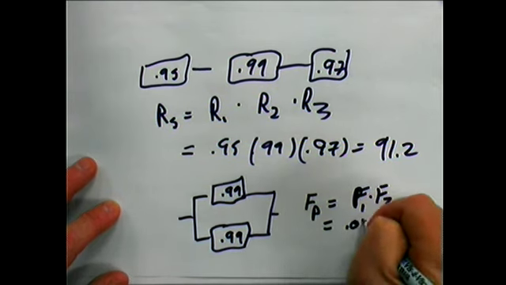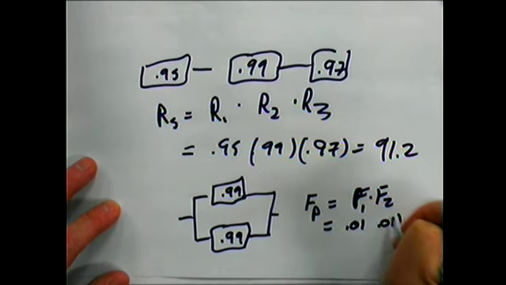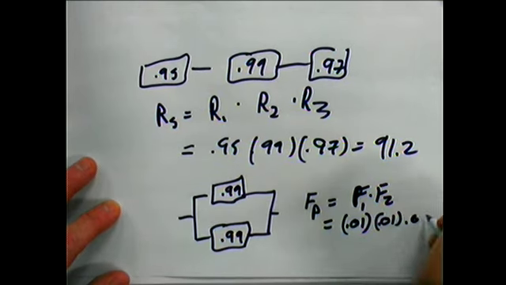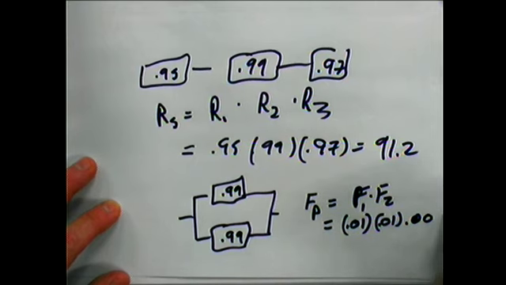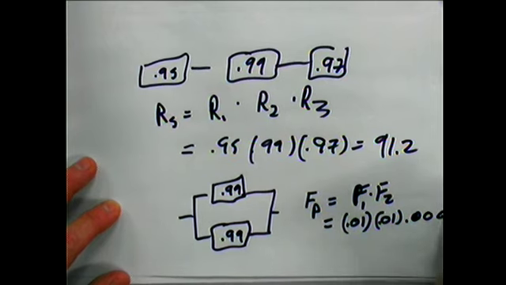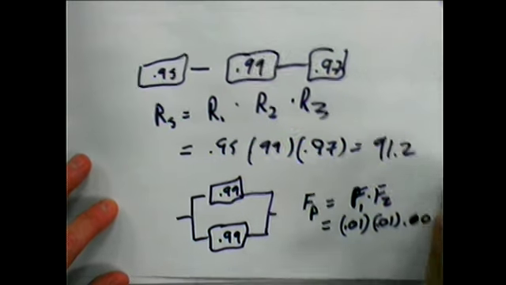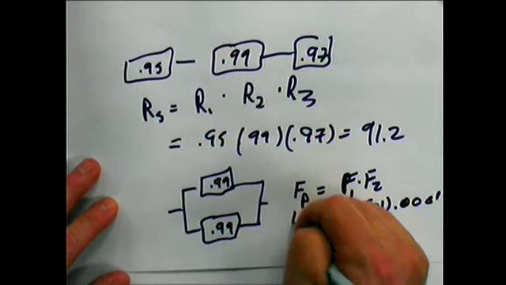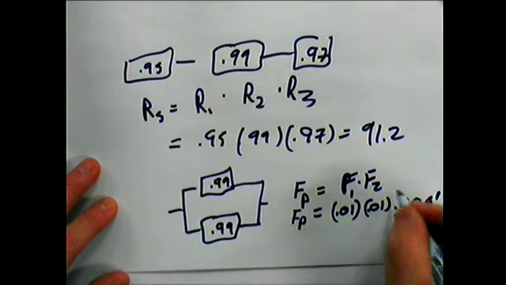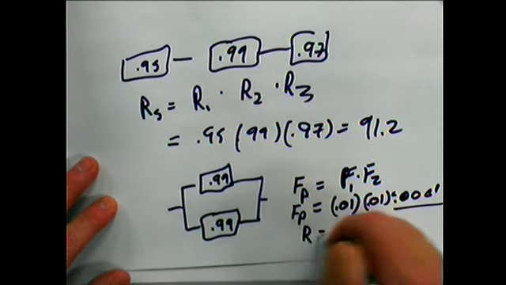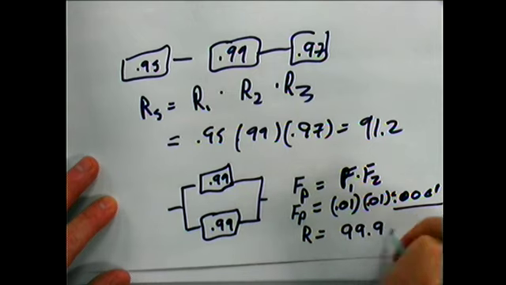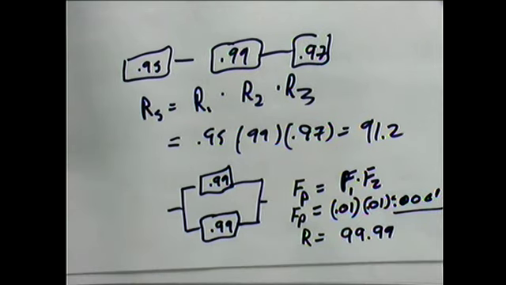So that'd be 0.01 times 0.01, which would be what? 0.0001? Right? So the failure in parallel would be 0.0001, so the reliability would be, right? So adding more components in parallel, you can put on as many 9s as you want. Make sense? Okay.